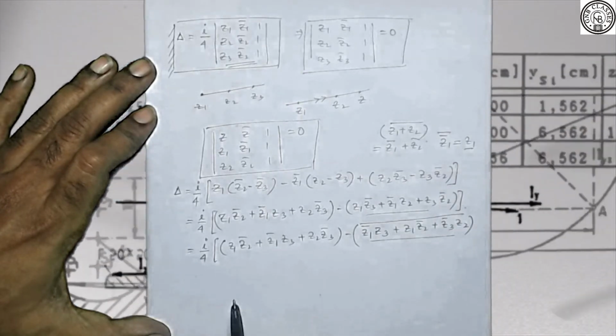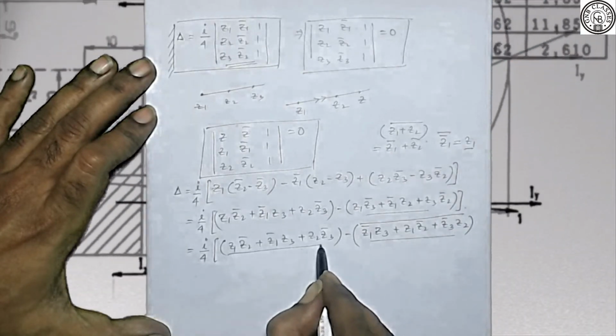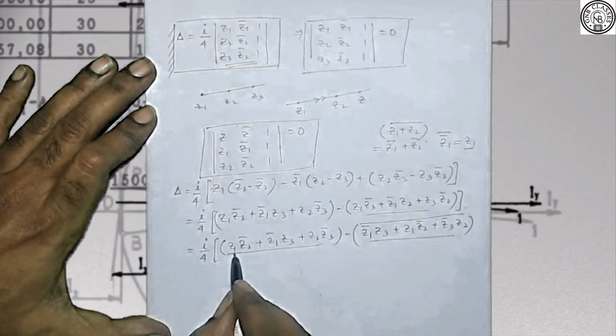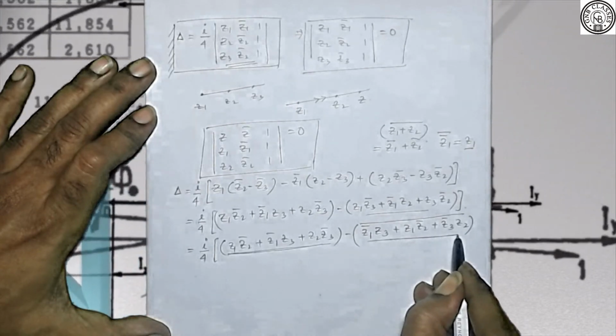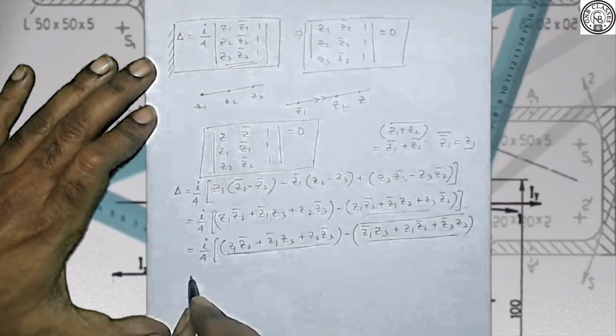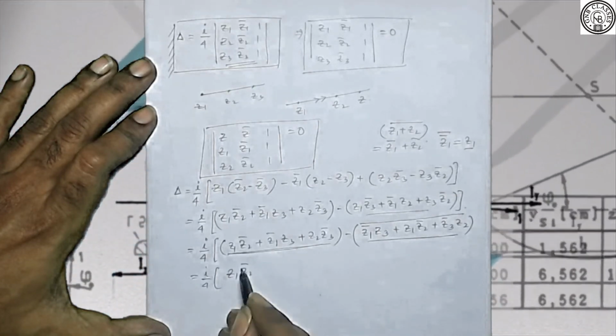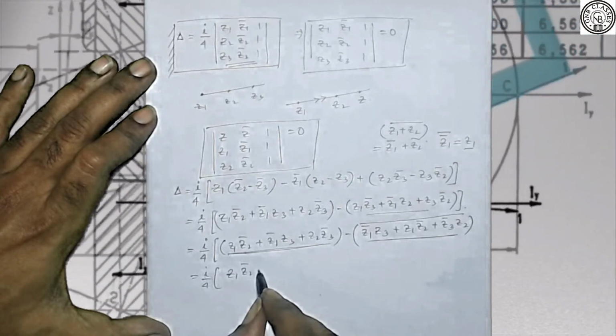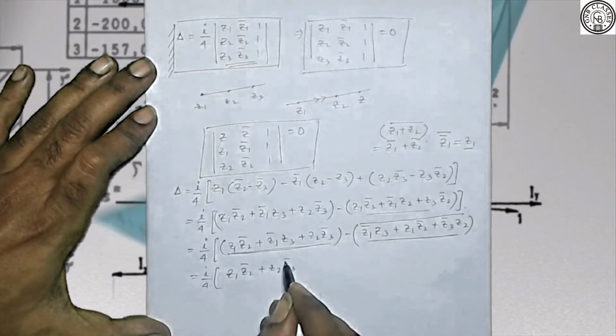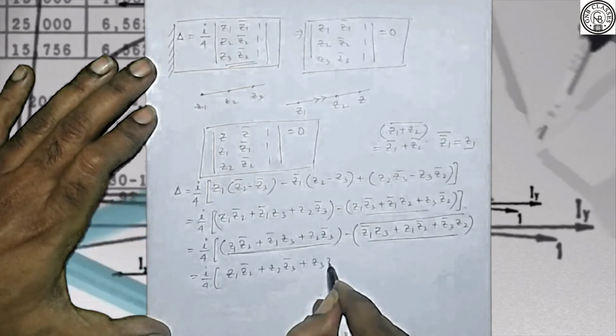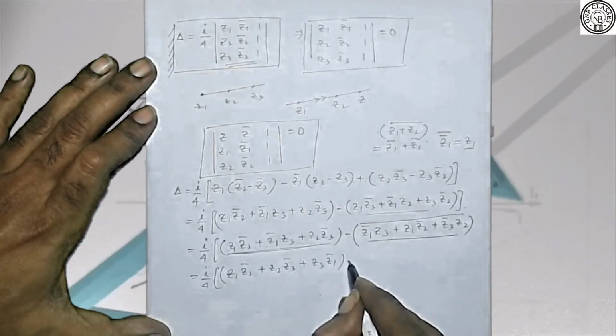So now you observe, for this complex number, this is the same as this, yes or no? Let me write it in a systematic way so that you can understand better: Z1 Z2 bar plus Z2 Z3 bar plus Z3 Z1 bar. It looks better, isn't it?